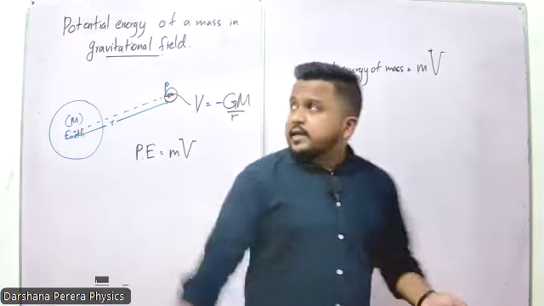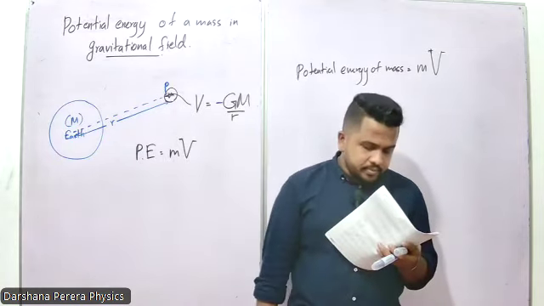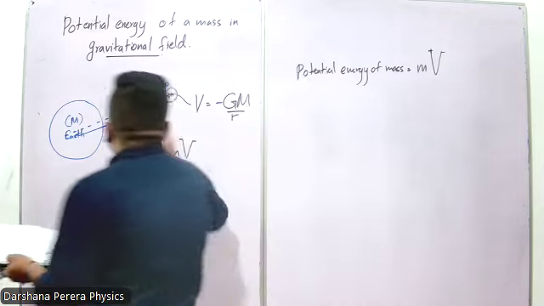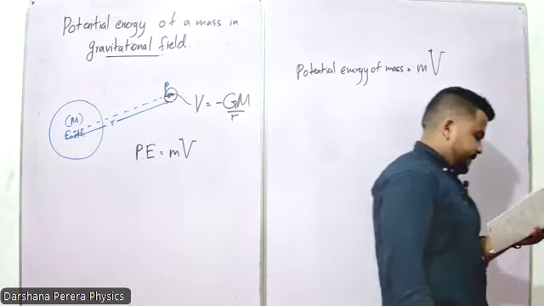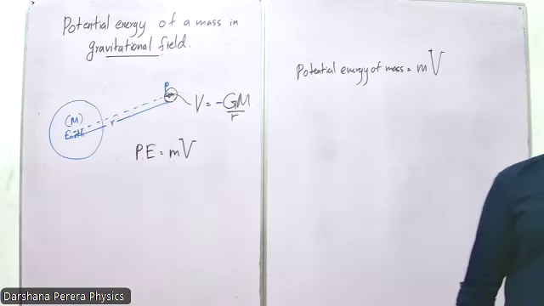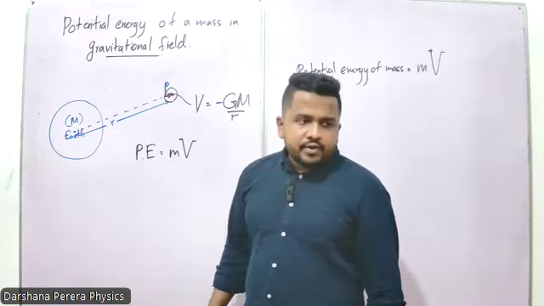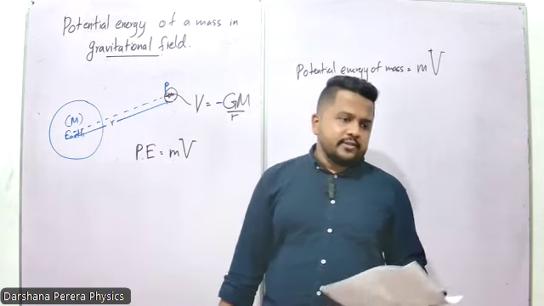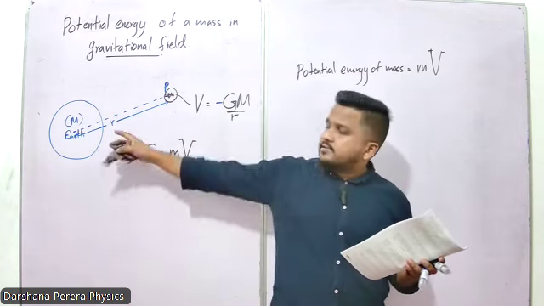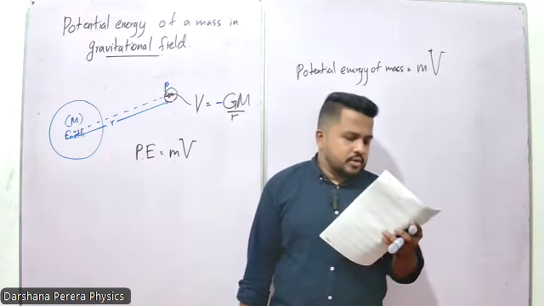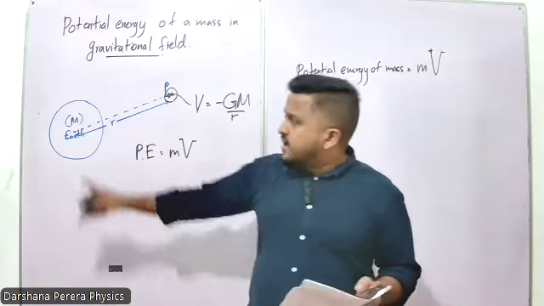Then write: capital P is a point at distance r from the mass capital M.